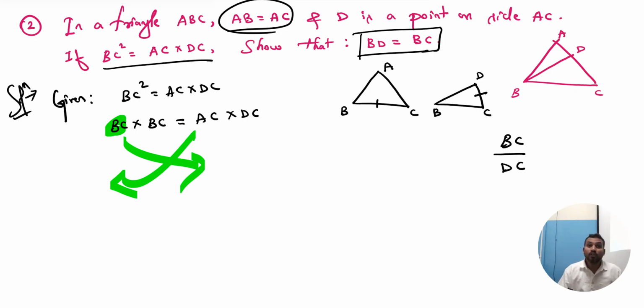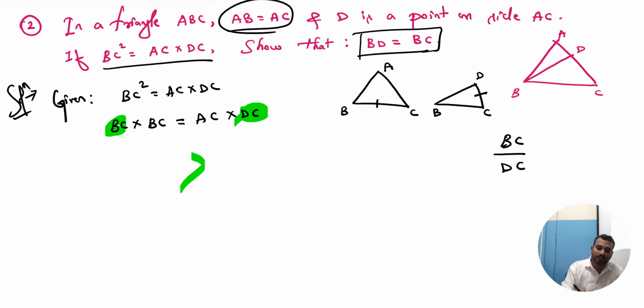Correct? No. That also we will plan, for whom should we send. We want to send AC or we want to send DC. Let's see for whom we have to send to the other side. This we will decide according to the figure.